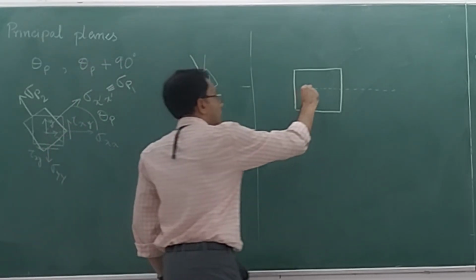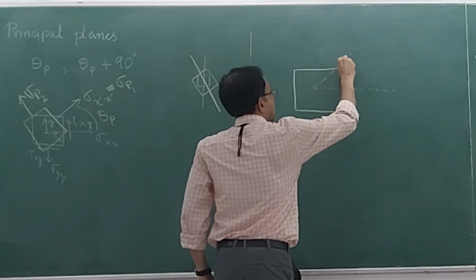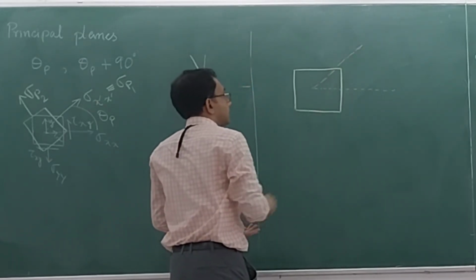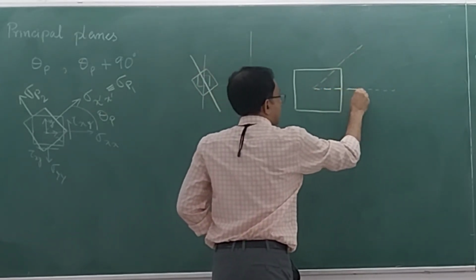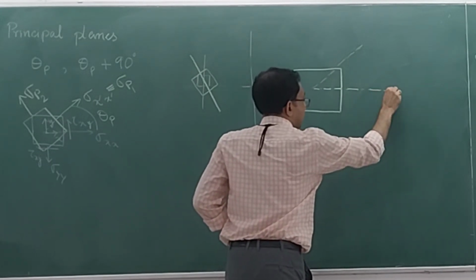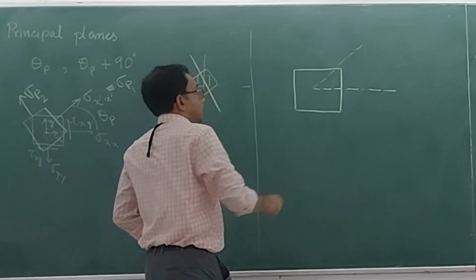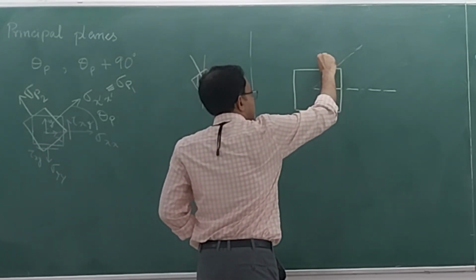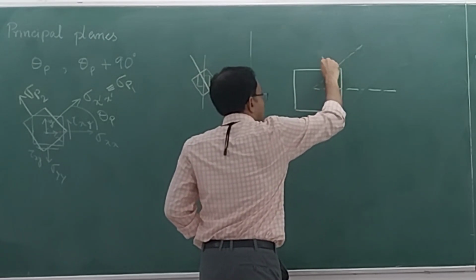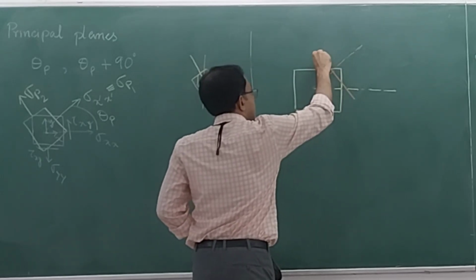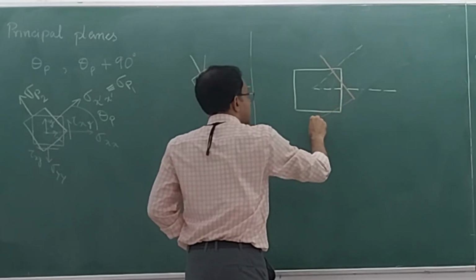Maybe I should draw it darker. Now, I want to draw a stress element whose one of its edges is perpendicular to that line. So it is going to look like this.